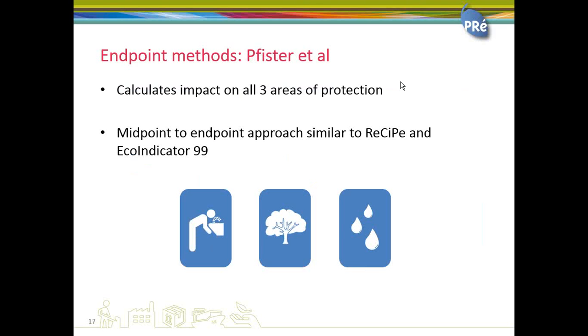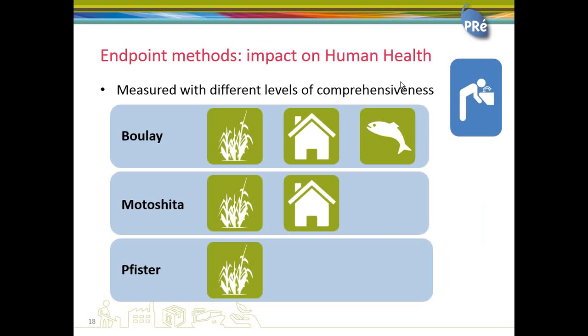if we look at the other impact assessment methods, the difference is the other two, Boulay and Motoshita, only look at one area of protection, so they only measure water use impacts on human health. However, their approach is more comprehensive than Pfister's because they consider different user groups which are affected by water use.